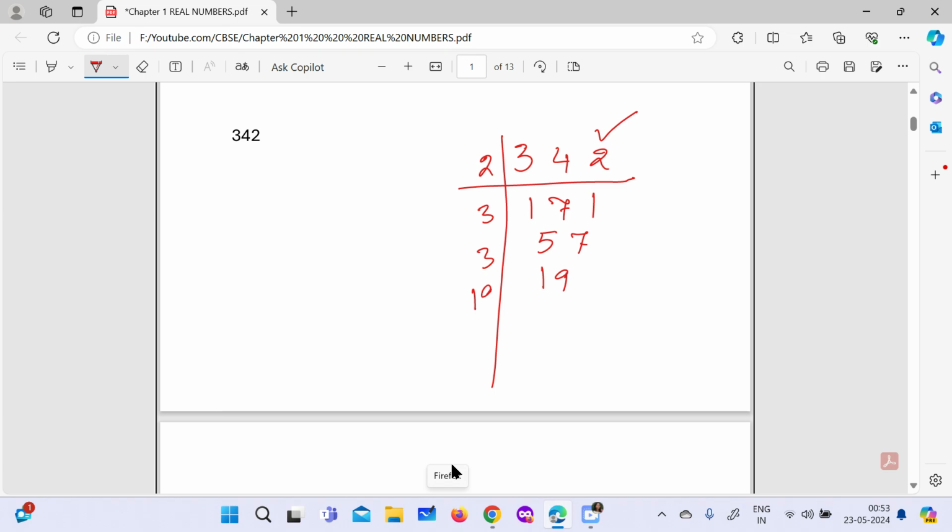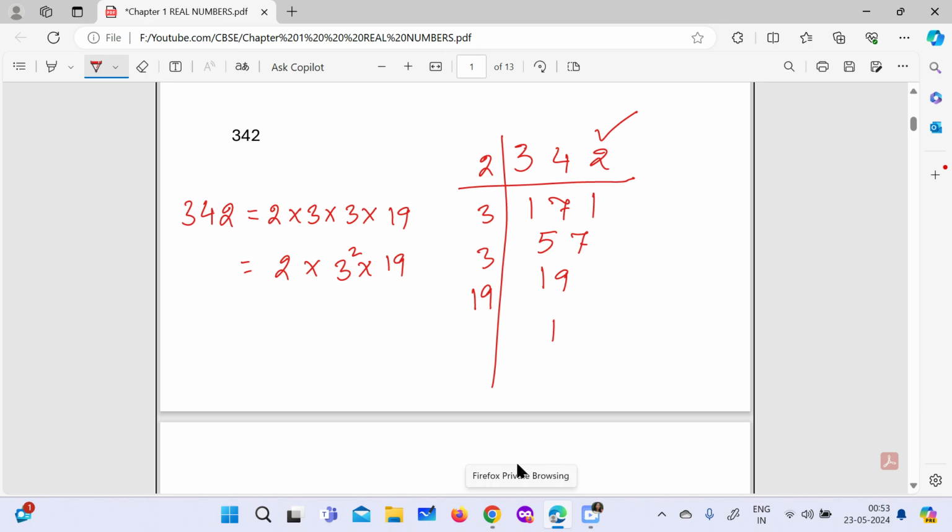Always start with the smallest prime number that can divide the particular number, so be careful about that. Now we can write the prime factorization of 342 as 2 times 3 times 3 times 19, which is nothing but 2 times 3 squared times 19. I hope this is clear to everyone.